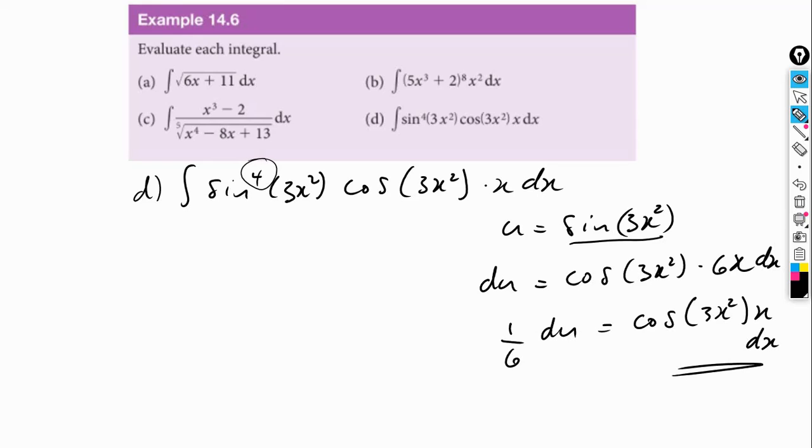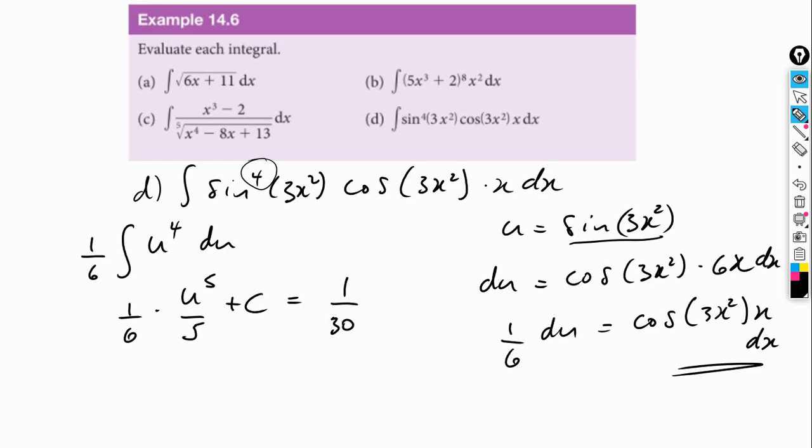So then we could rewrite this as 1/6 integral of u to the 4, which is sine of 3x squared to the 4, times du, which is all of this here. So this simply becomes 1/6 times u to the 5 over 5 plus c, which is simply 1 over 30 u to the 5 plus c.